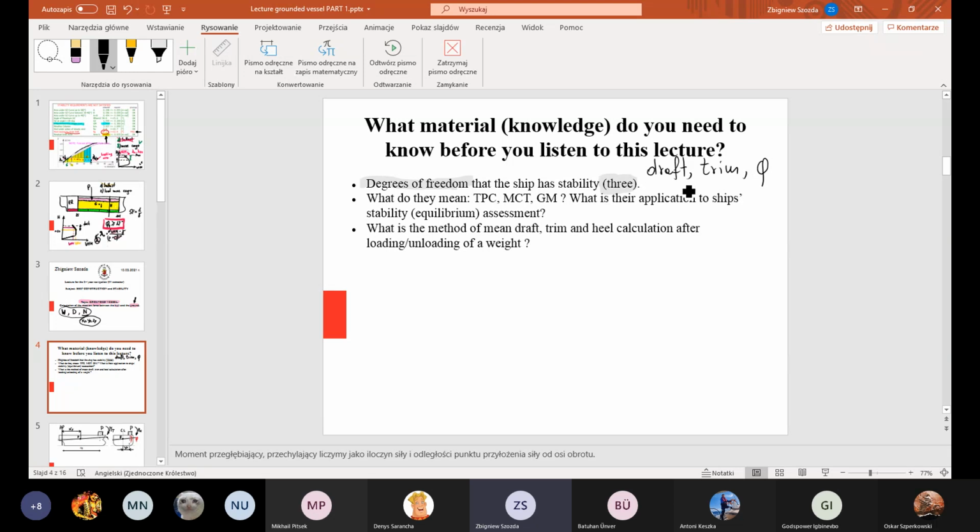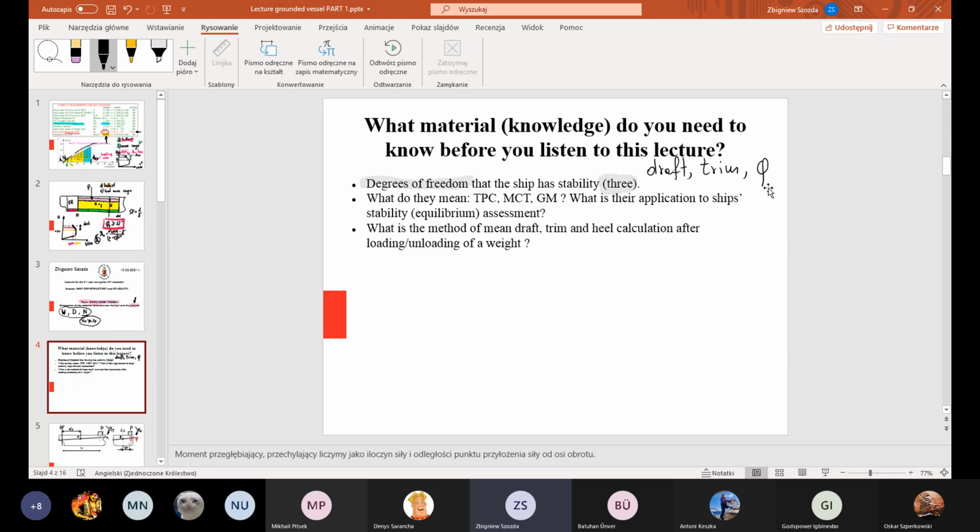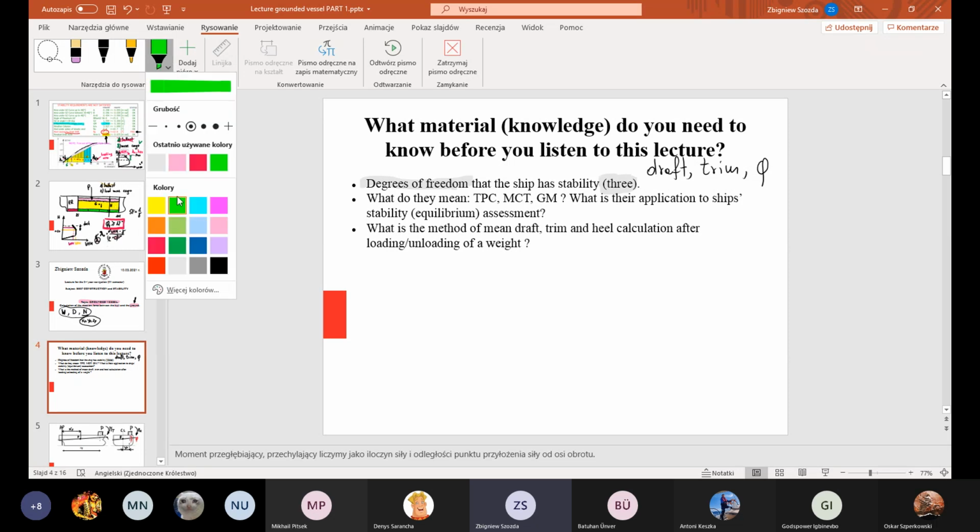We will be considering draft, trim, or change of draft, change of trim, and change of angle of heel, or in other words, list. I would prefer, considering grounded vessel and external force for the ship, external force reaction between the hull and the ground, to use word heel instead of list.